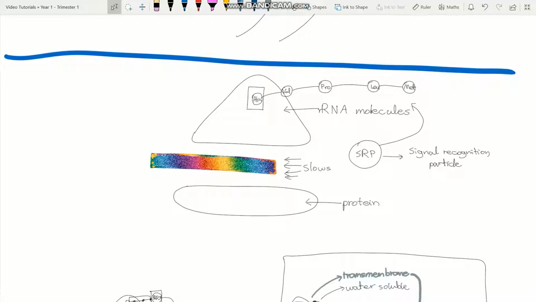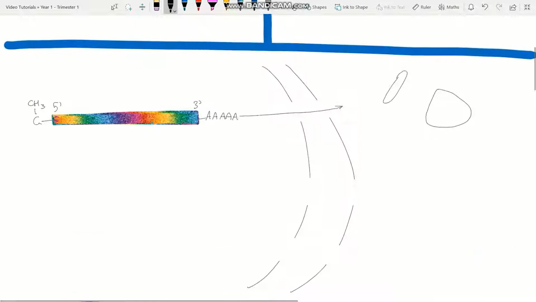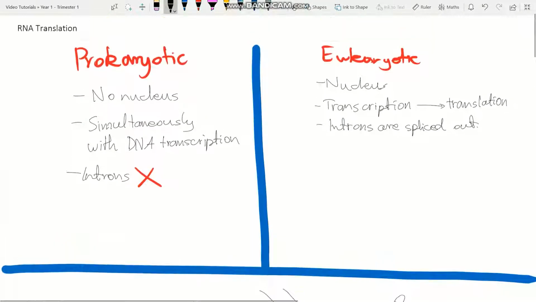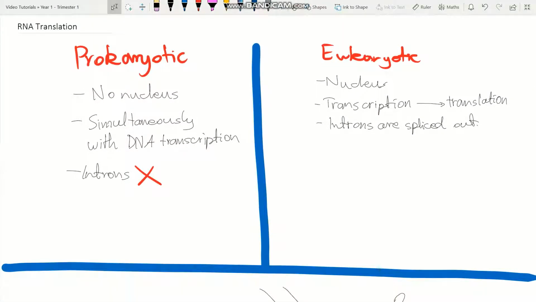The amino acid can be moved to a particular part of the cell using signal recognition particles and signal recognition particle receptors. And the first step, however, in starting this entire process is the movement of this mRNA molecule from within the nucleus into the cytoplasm. And as we all know, the process between eukaryotic and prokaryotic cells is different.